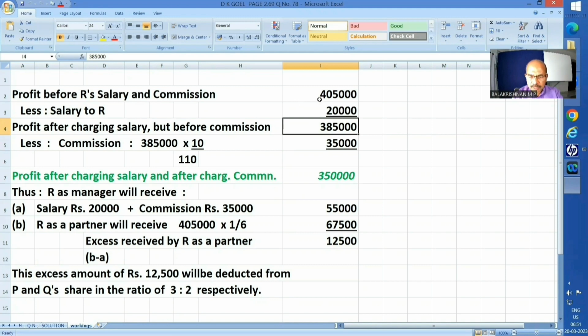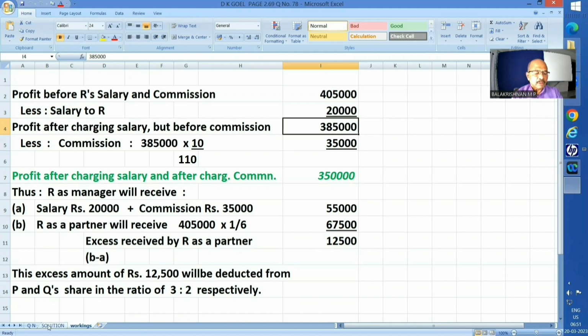So we'll base on the original profit and decide his share. That is 67,500. Now we find that this 1/6 share has a surplus of 12,500 compared to the 55,000 package. And the agreement is that this will be borne by the old partners in the given ratio of 3:2.